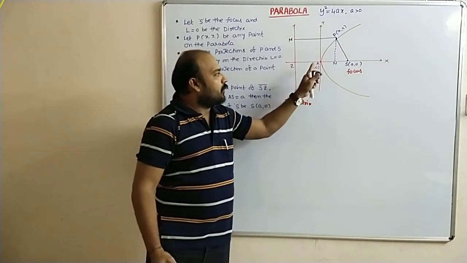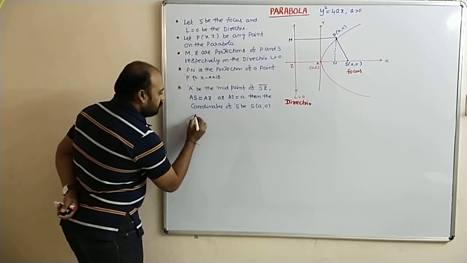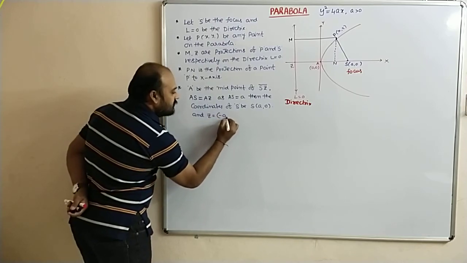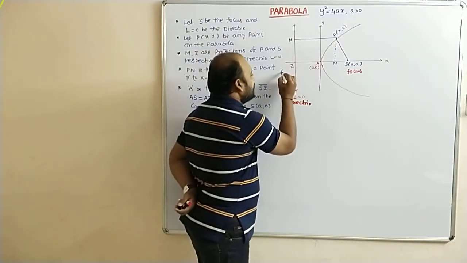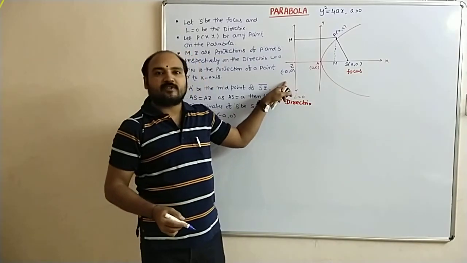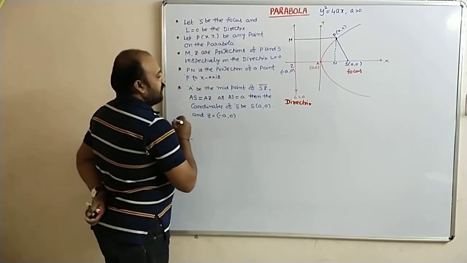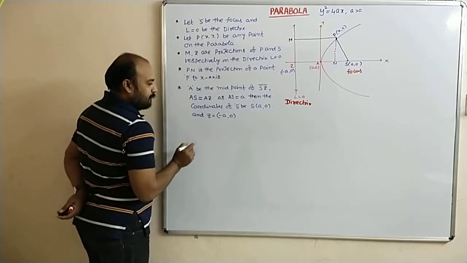Since A is the midpoint of SZ, the coordinates of Z become minus a comma 0. That means the points S and Z are equidistant from A. A is the midpoint of SZ.